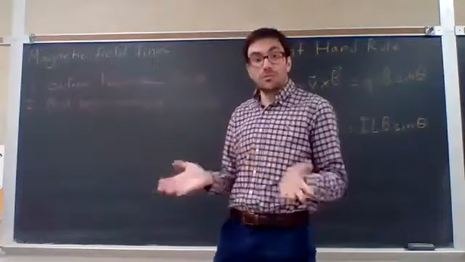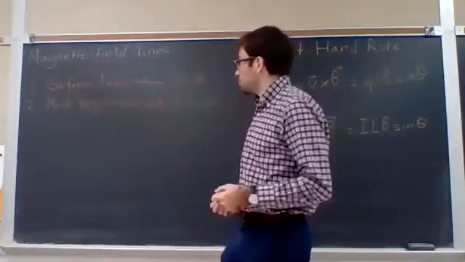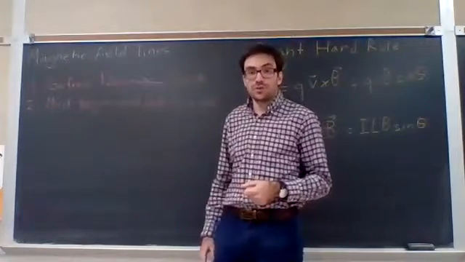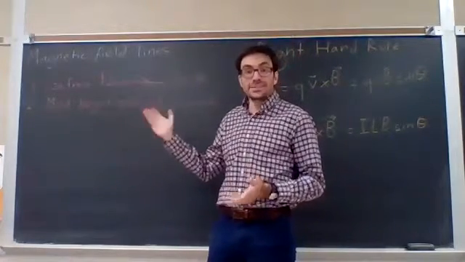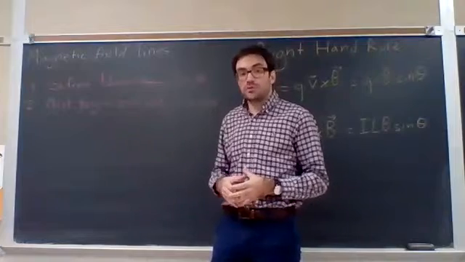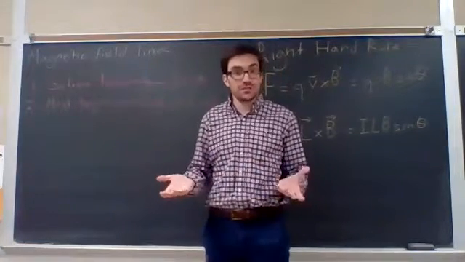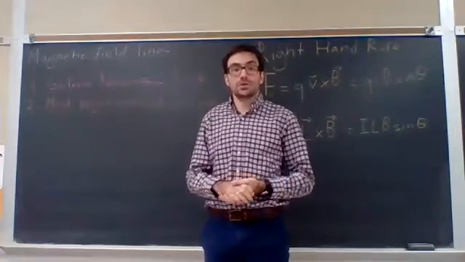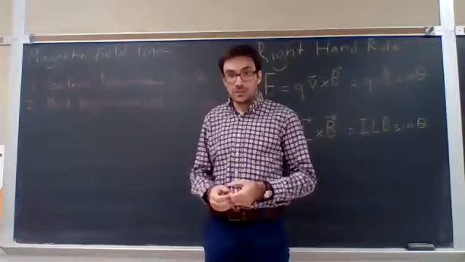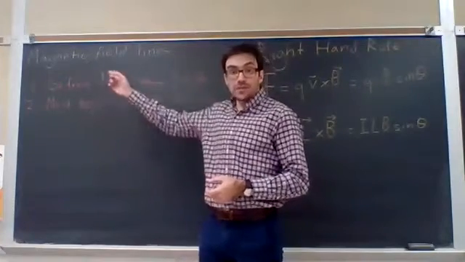So let's get started on Lab 6, magnetic fields and forces. First, we're going to talk about magnetic field lines. We talked about electric fields in the previous lab. Today we're talking about magnetic fields, specifically magnetic field lines.